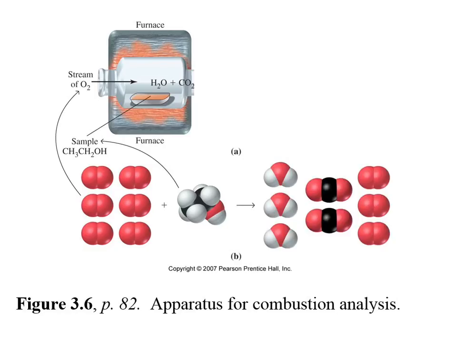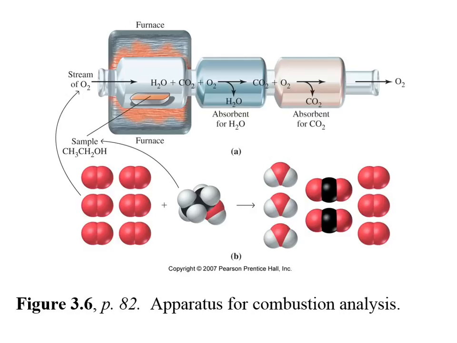What I think is neat is, what do they produce? Well, you see the water, you recognize the water, H2O, you might recognize the CO2. Those little red things over there, that's just excess O2, excess oxygen that doesn't react. Okay? What I think is cool is there are a series of scrubbers. One will pick up your H2O, one of the products, and the other scrubber picks up your CO2.